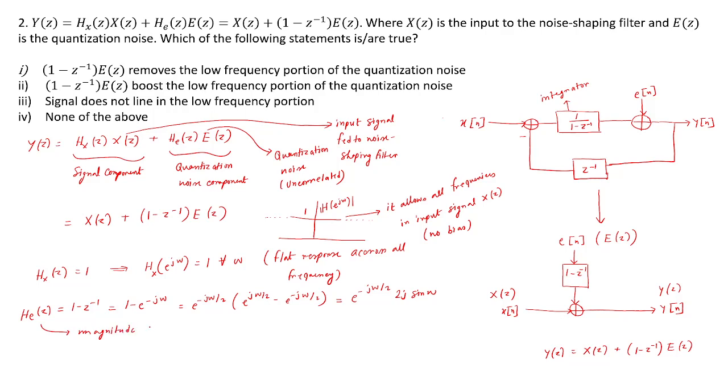Magnitude response, that is, we are going to take only the amplitude of this He(e to the power j omega). This exponential term has no role to play in magnitude response, it's 1. Similarly, j plays no role. So amplitude response becomes 2 sin omega by 2.